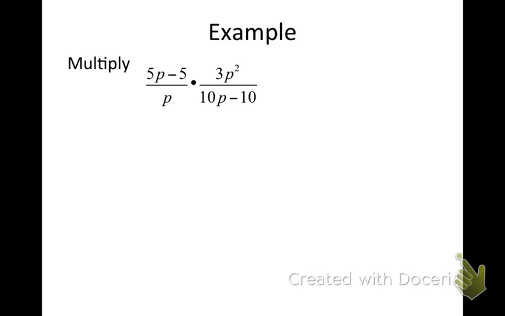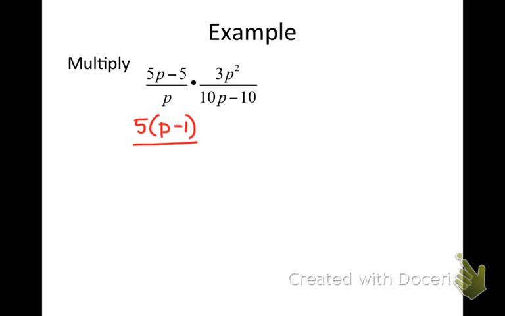All right, so let's start with the first one. First numerator, what can I factor 5p minus 5 to? What can the GCF be? Let's just take out a 5. If that first term was a negative, then I would take out a negative, but let's just take out a 5. So 5 would leave us with p minus 1.